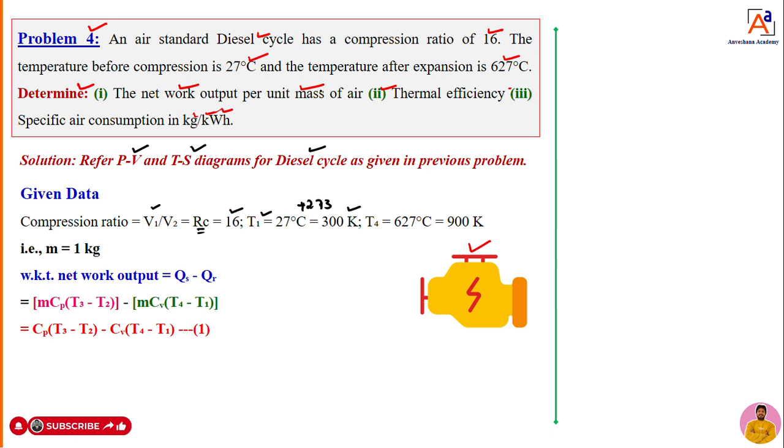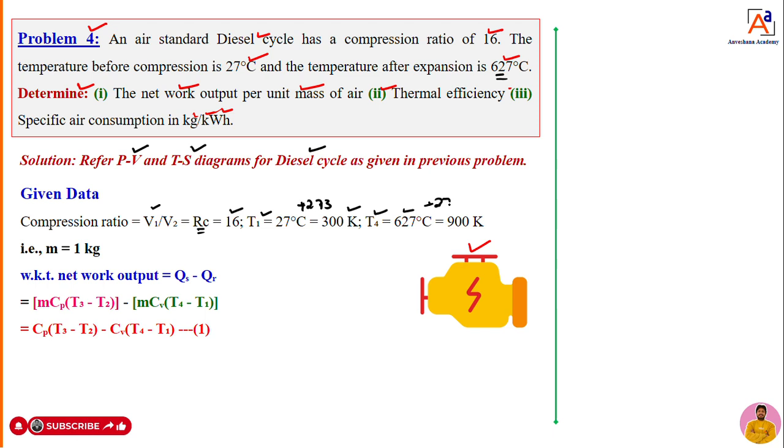Next, after the expansion process, the temperature is 627 degrees Celsius. That is the end of expansion, which we can call T4.